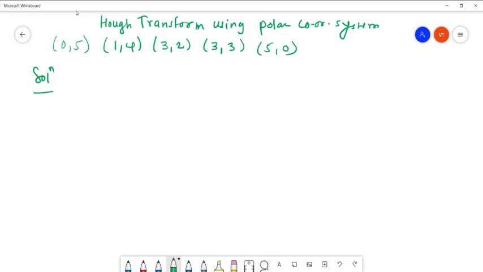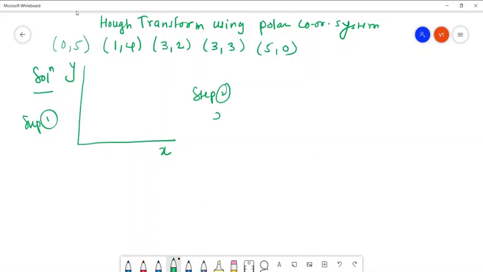Solution: you can plot this point if you want in xy plane just to show. I will not plot now here, but you can plot. So this is your step 1. In step 2, you know what is rho? Rho is equal to x cos theta plus y sin theta.